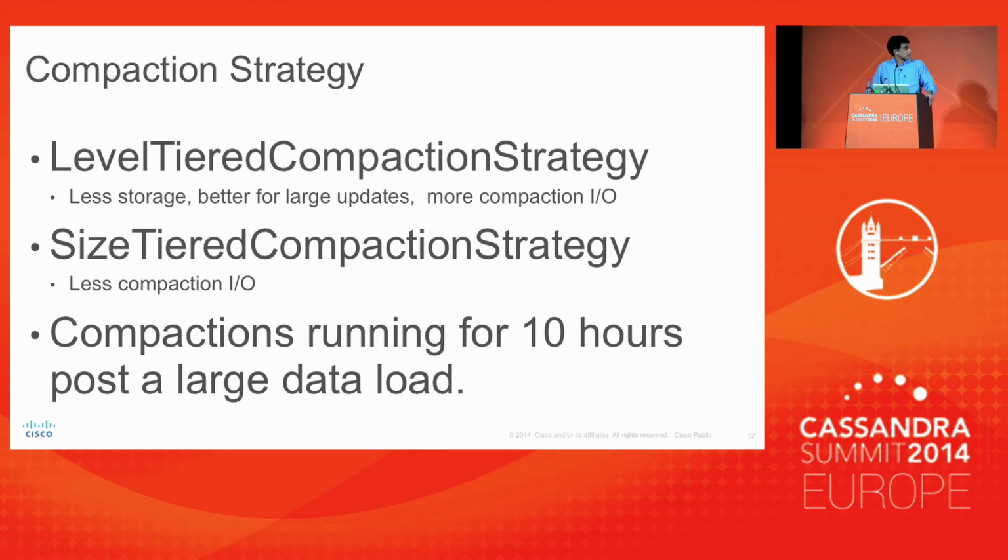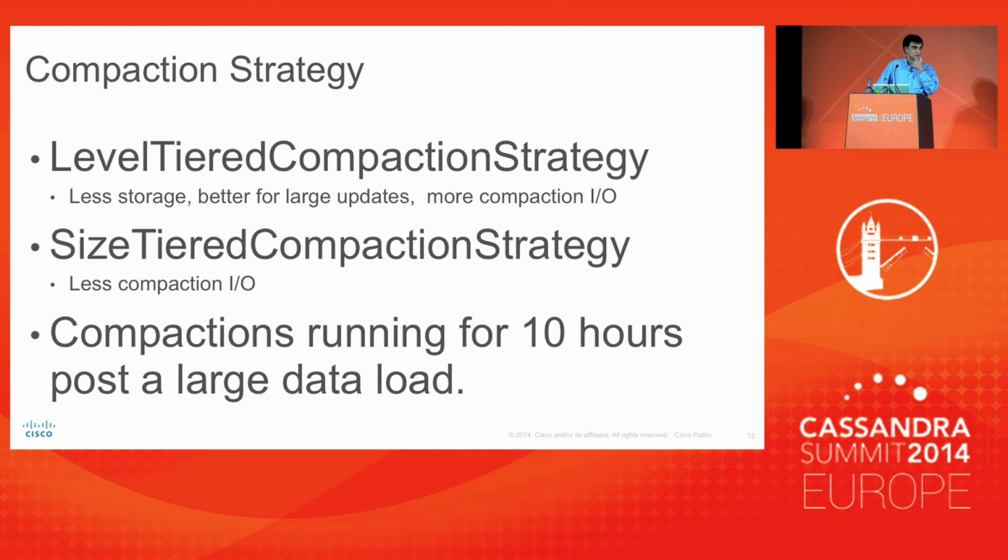One of the problems we had, though, is when we moved to level tiered strategy and we did the big bulk write loads, and this we knew after the fact, we really had compactions running for hours and hours. And when I thought slow compactions, I really thought we'd catch up in a few minutes. But this sort of surprised me as well.